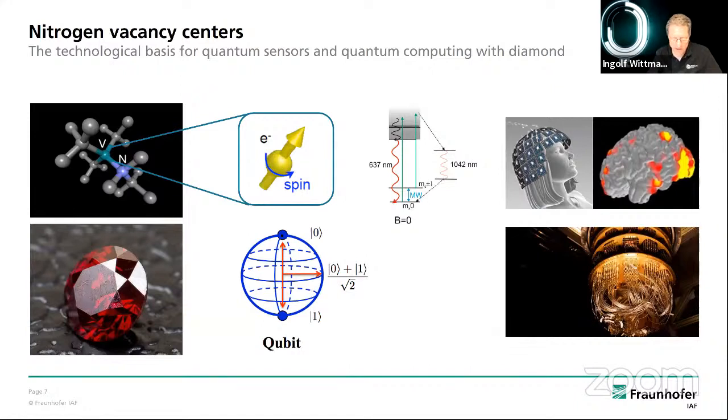And important also are other competencies for exploitation of these quantum technologies. On the one hand, the material development in the diamond field, but also above all the expertise in optoelectronics and microwave technology, which must be used for the excitation of the color centers on an atomic scale.